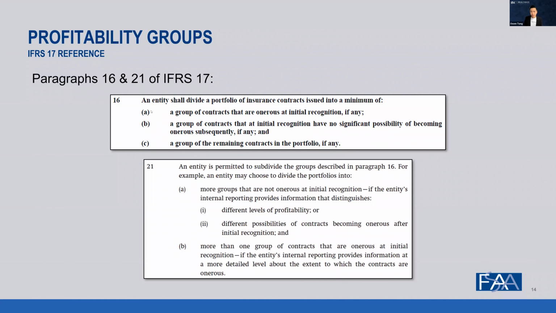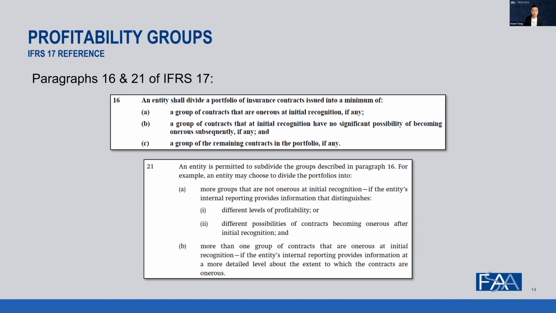Of course, these are three groups which are the minimum. You're permitted to subdivide these into a little bit more of a grain, noting that the more granular you get, the more data requirements there are, and the more reconciliations there will need to be. But you may do this if you feel like this could align to your internal management reporting.